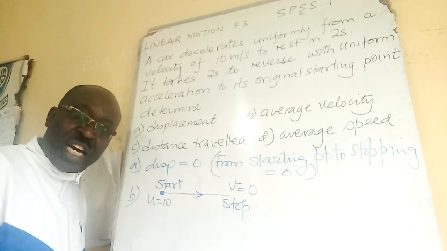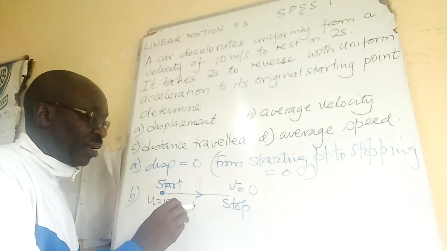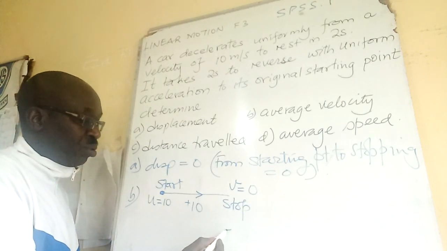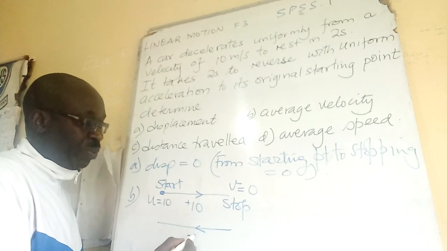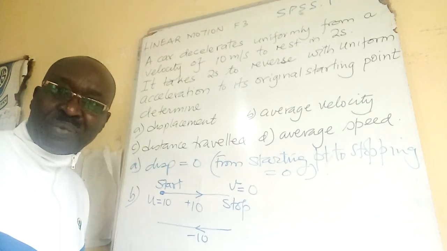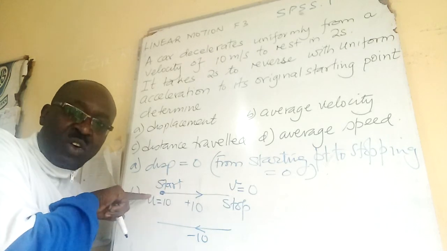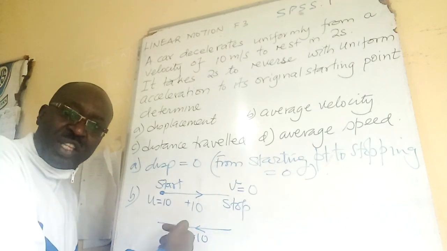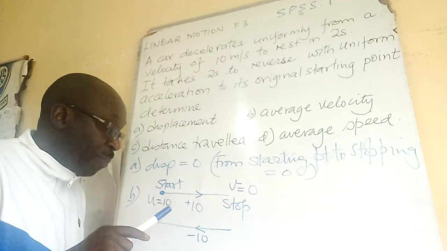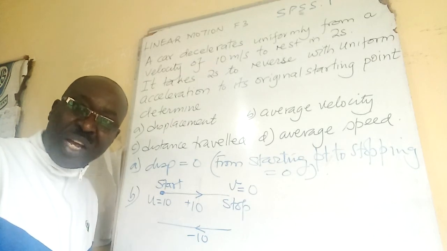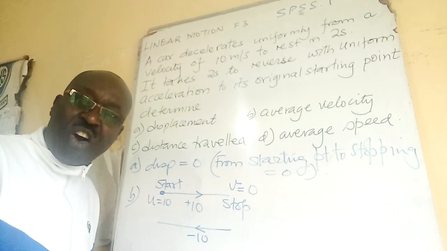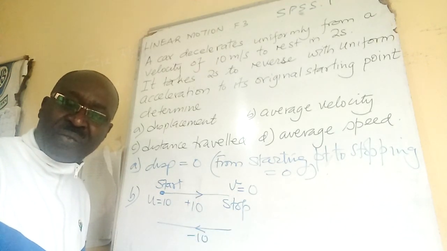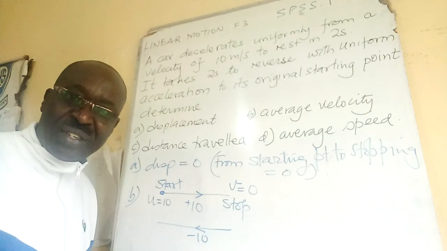If we take that direction as positive 10, then this way will be minus 10. Get it? If I take reducing in velocity as negative, then coming this way will be positive. Remember, this positive and negative are the ones which take care of going and reverse. It's like left and right.